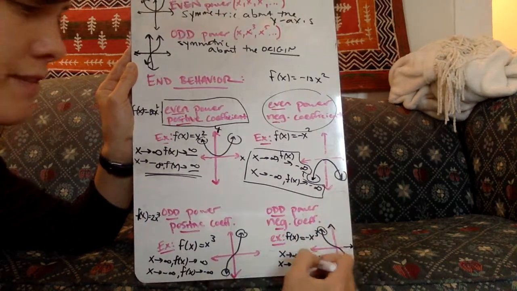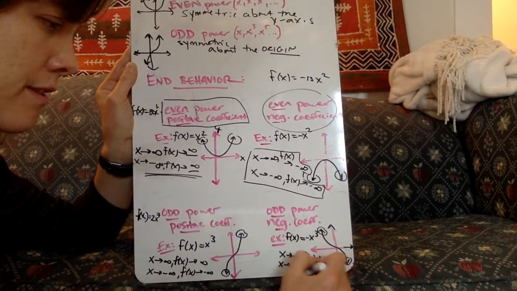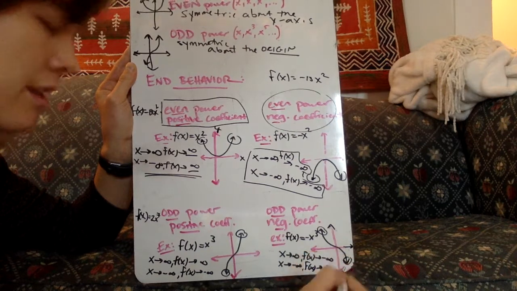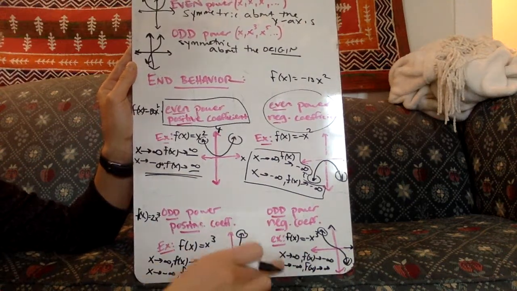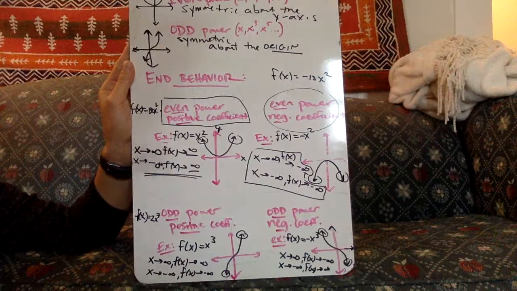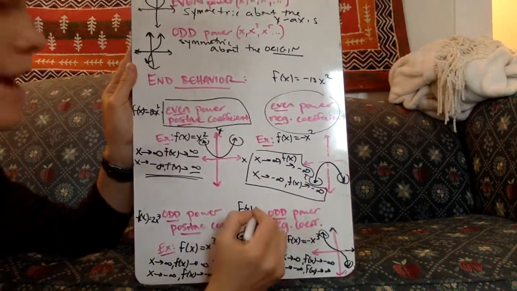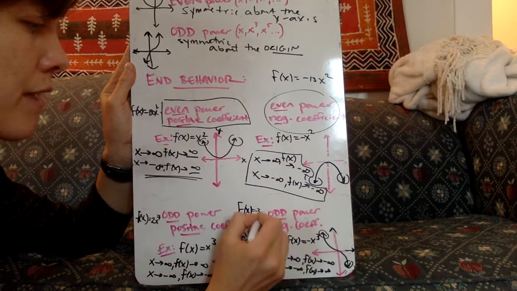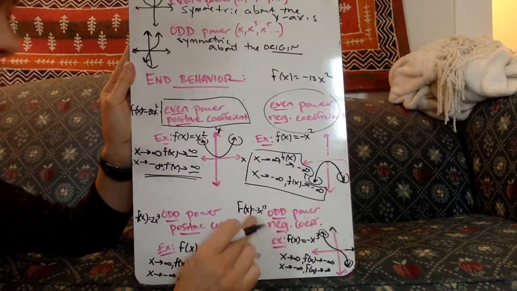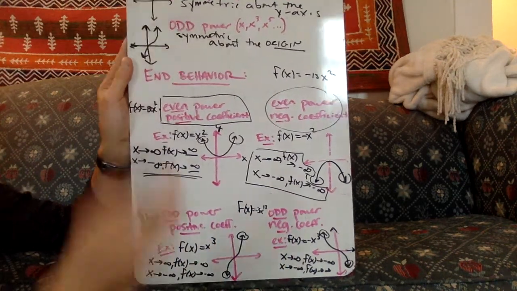It's approaching positive infinity. And so this will always be the rule for an odd power with a negative coefficient. So even if it's f of x equals negative 3x to the 13th, that will be the rule for the end behavior for that.